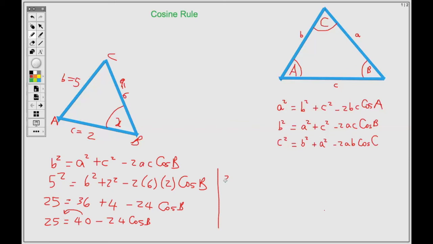So what I have is 25 minus 40 is equal to negative 24 cos B. So 25 minus 40, that is negative 15, is equal to negative 24 cos B.